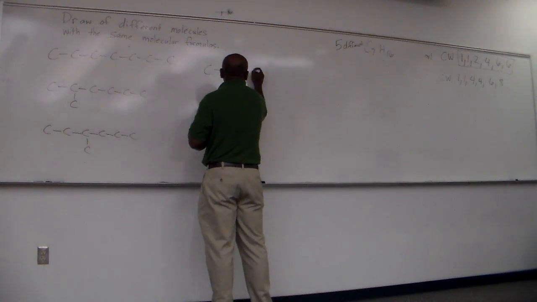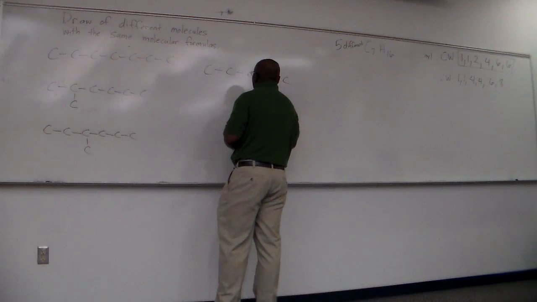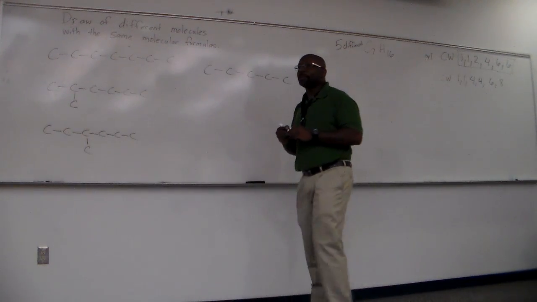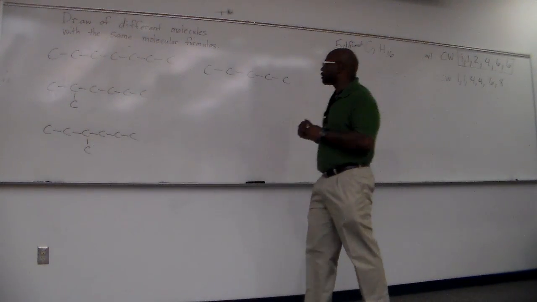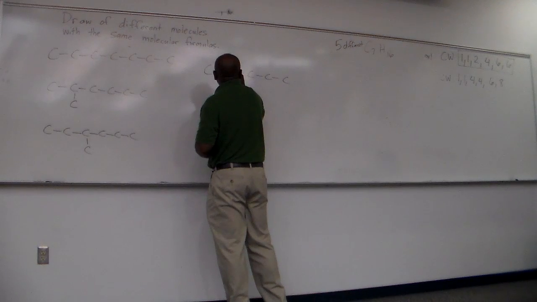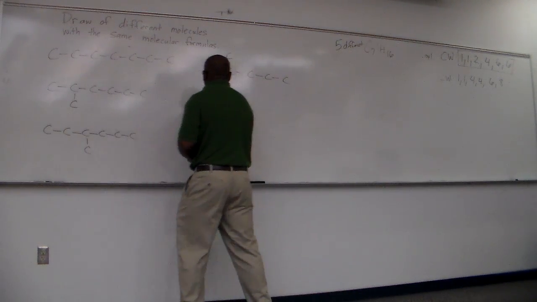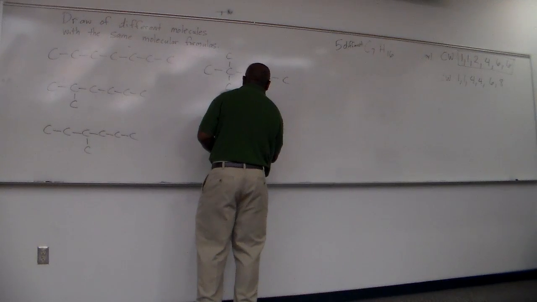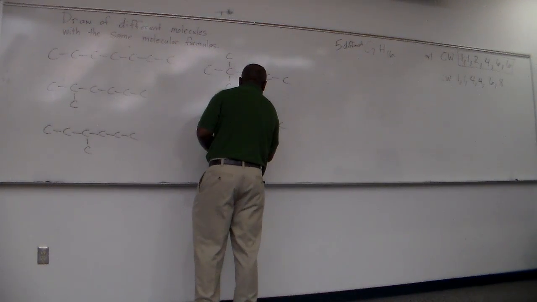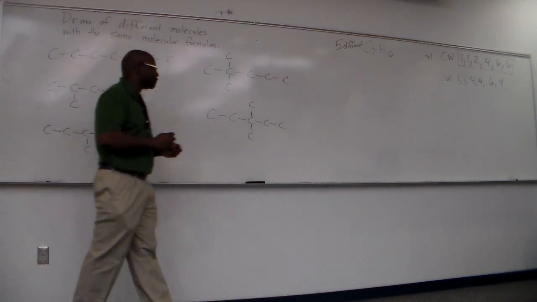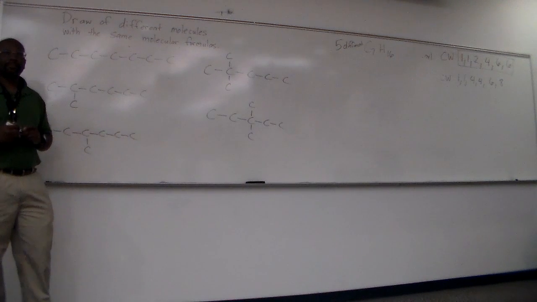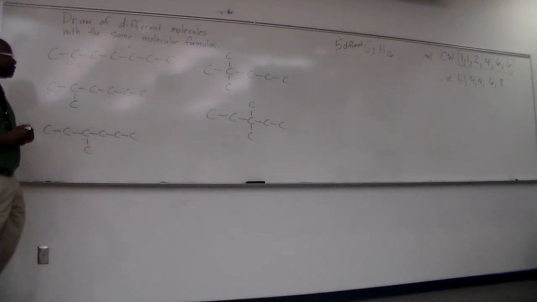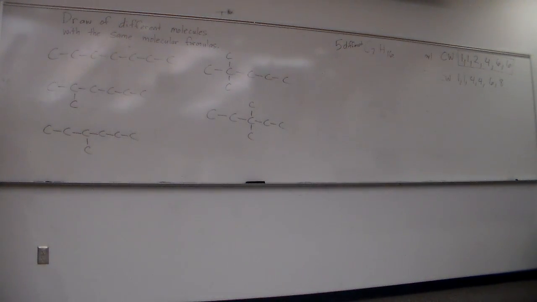1, 2, 3, 4, 5. Remember, in 5 and 2, we're going to put both groups together, if you like. Another 5 and 2: we can put both on the middle carbon atom. Also, we can take them and split them apart.